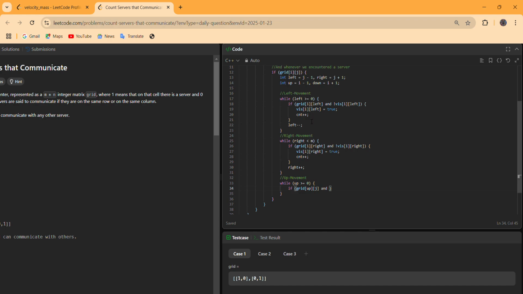And moving in the up direction, we maintain our column as the same, and the only change is in the row. If we encounter any server which is not previously visited, first we mark that server as visited and then increment our count by 1.